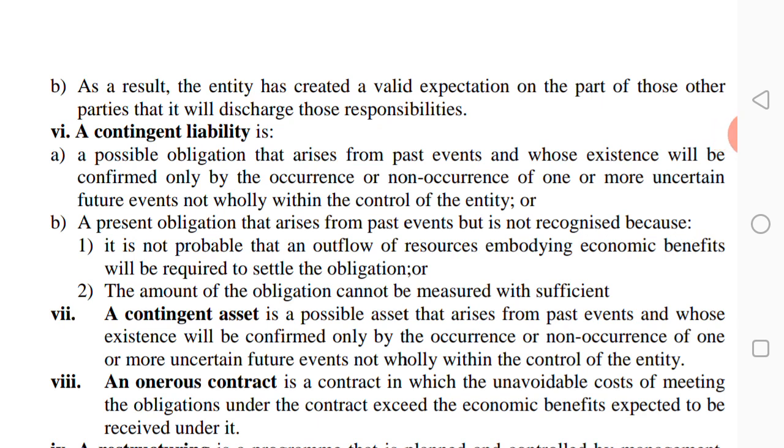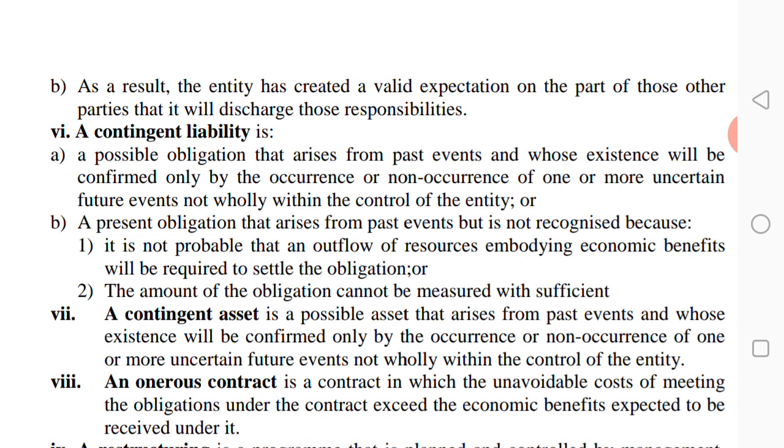So a contingent liability. What is a contingent liability? We said it's a possible obligation that arises from past events and whose existence will be confirmed only by the occurrence or non-occurrence of one or more uncertain future events not wholly within the control of the entity. So when we say it's a contingent liability, it must be a possible obligation.